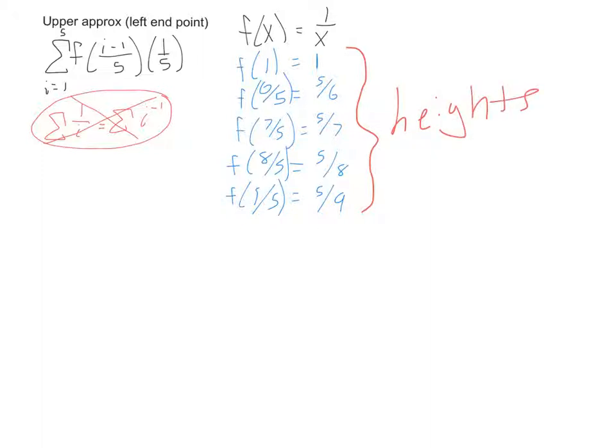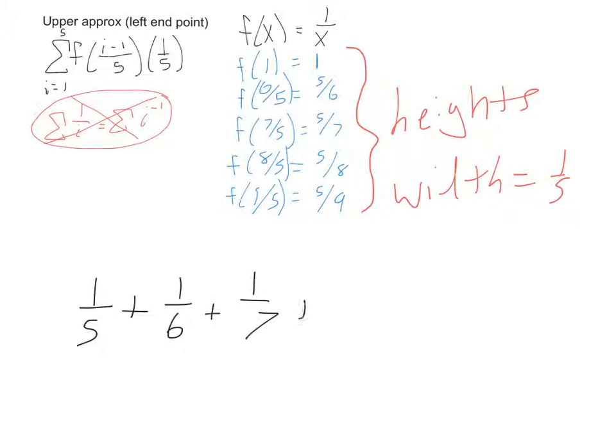And what's the width? Well, my width is going to equal 1/5. It's my delta x. So let's do 1 times 1/5 is 1/5. 1/5 times 5/6 is 1/6. 1/5 times 5/7 is 1/7, and so on and so forth.